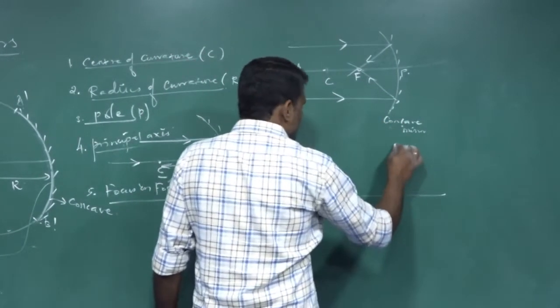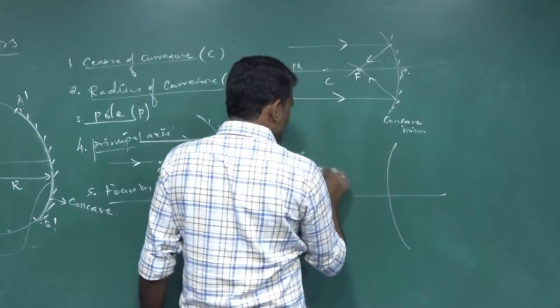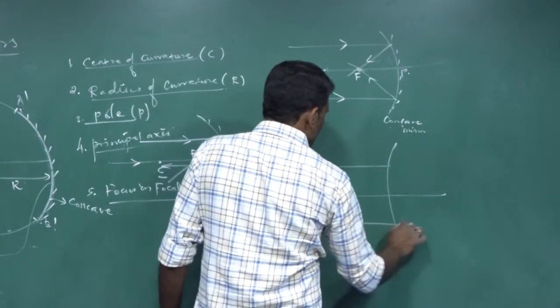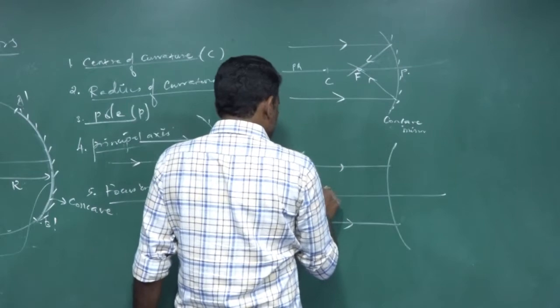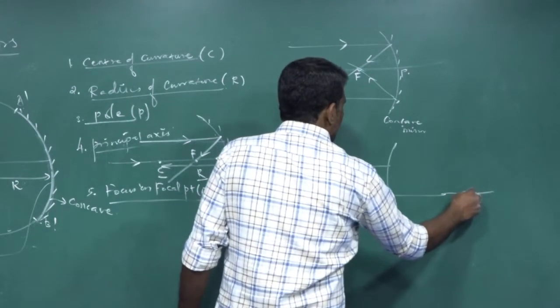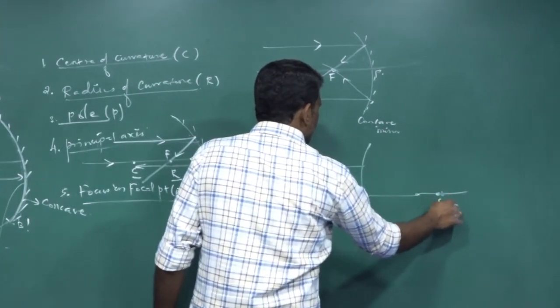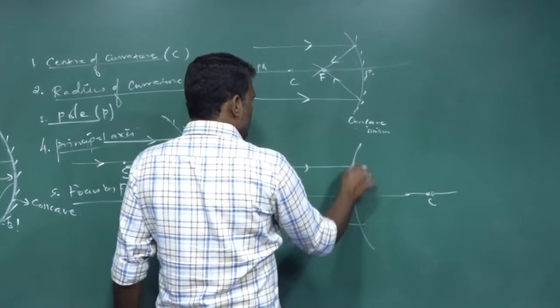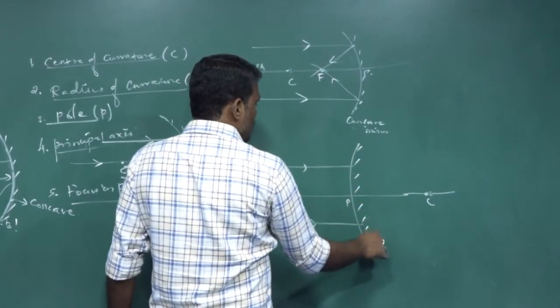And for a convex mirror, rays passing parallel to the principal axis. Center of curvature is here, somewhere here. This is the pole of the mirror. This is a convex mirror.